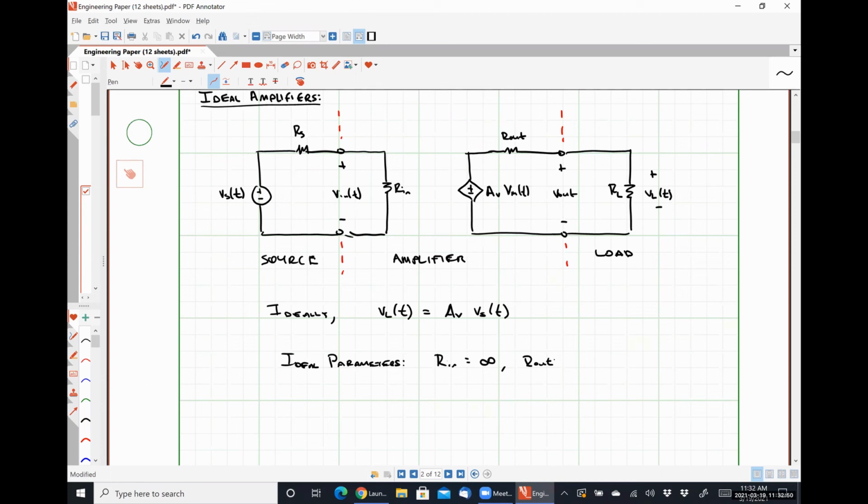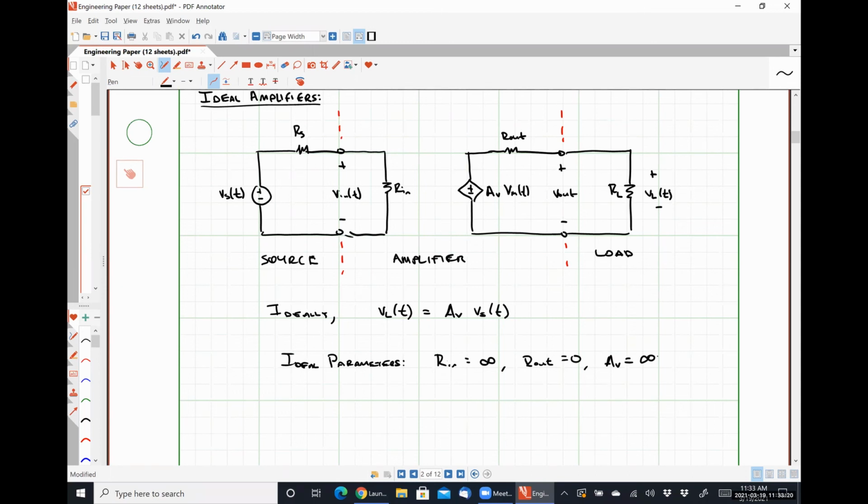So if we put a short circuit here, all of this voltage at our amplifier stage gets transferred to the output. So R out is equal to 0, and it's impossible to see it here, but ideally our voltage gain of our amplifier, the open loop voltage gain specifically, would be infinitely large.